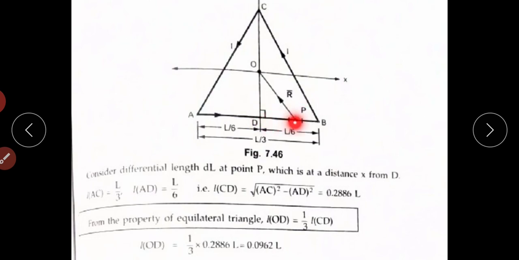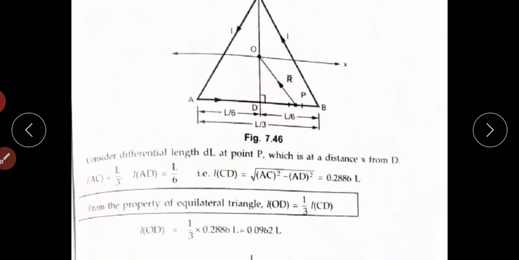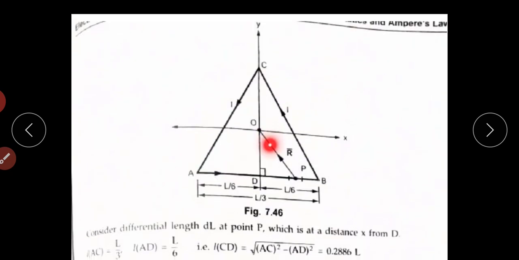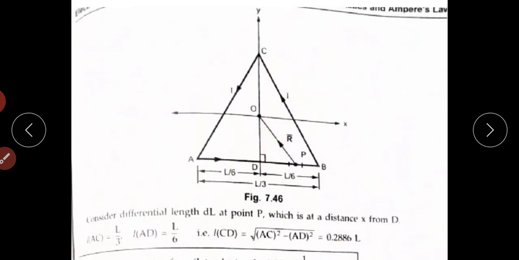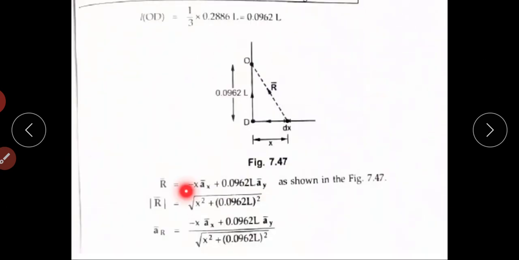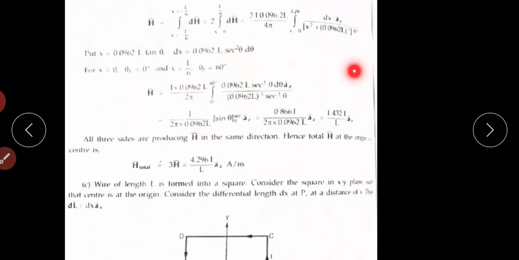This vector equals minus x into ax bar, and this vector, the length of OD, equals 0.0962 L, and this direction is the y-axis direction, the upward direction. So finally R bar vector equals minus x ax bar plus 0.0962 L ay bar. Next, modulus of R bar equals square root of x square plus 0.0962 L whole square. Unit vector aR bar equals R bar by modulus of R bar.